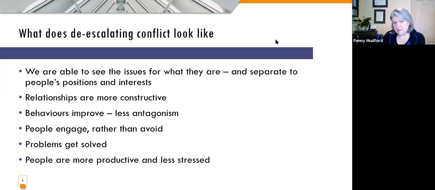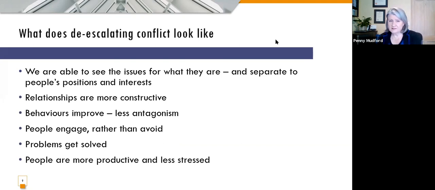When conflict's de-escalated, relationships are more constructive, they're less personal, they're less bitter. Less of the behaviours like people stonewalling or just being plain mean. Behaviours improve and there's less antagonism, and people engage rather than avoid.